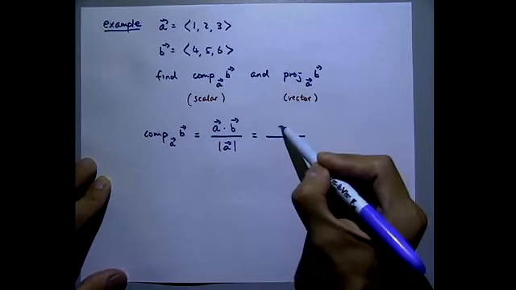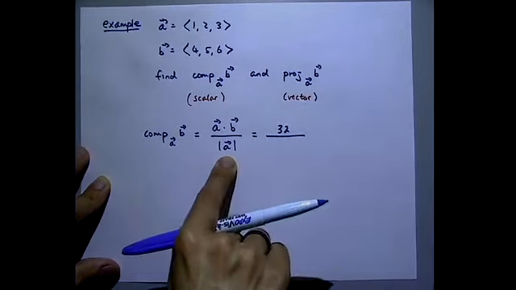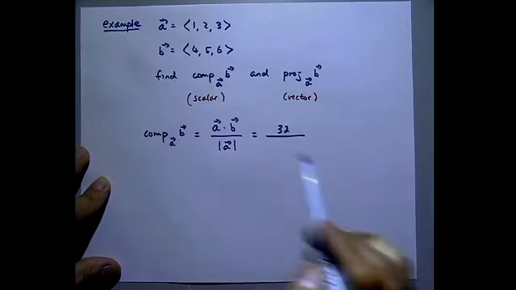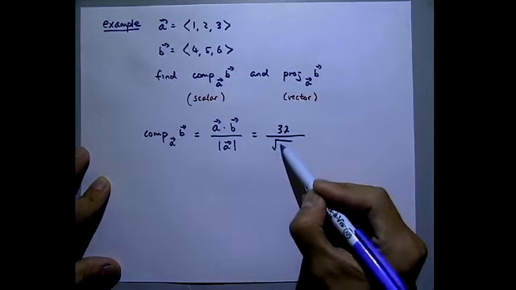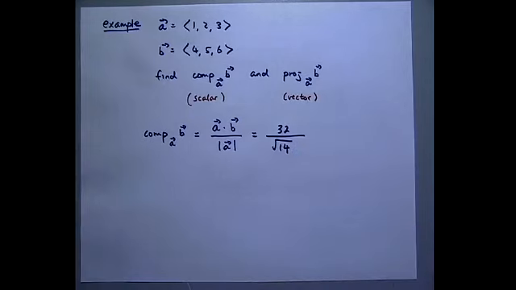Thank you. And the length of A, we had that earlier, didn't we? Radical 14? Yes. Okay, so that's how long it is. It's a scalar, right? Right now it has no direction whatsoever.